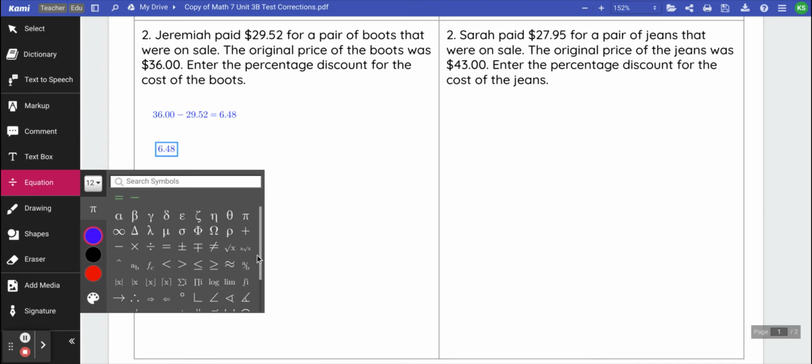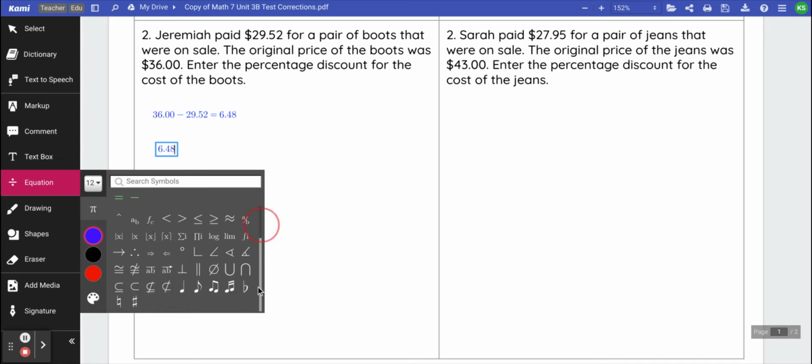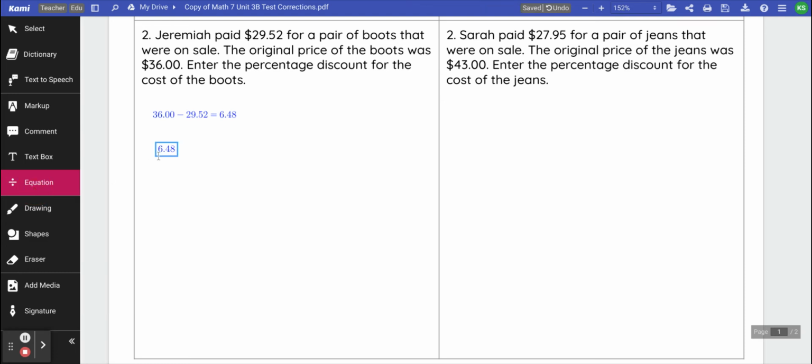It might not like to make a fraction. No, it doesn't look like it. So I'm going to put that over the $36 and make a ratio. For some reason, it doesn't want to let me make it a fraction.